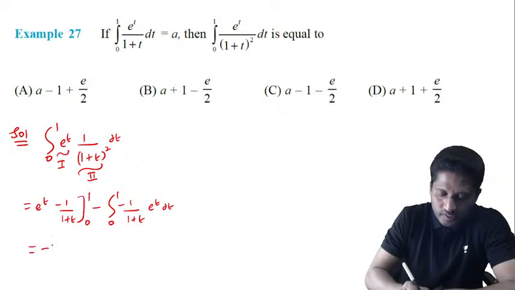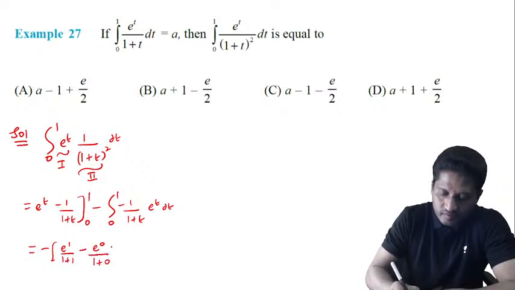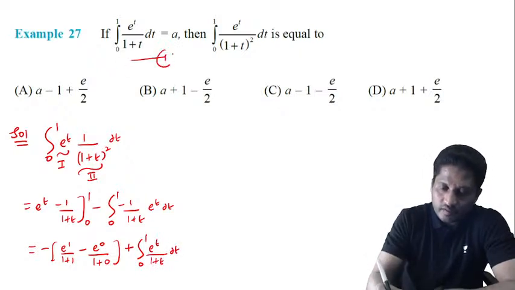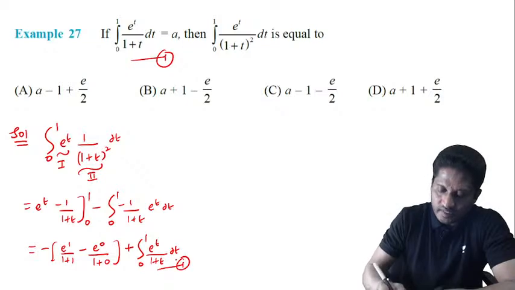If I substitute the upper limit, e per 1 divided by 1 plus 1, minus lower limit e per 0 divided by 1 plus 0. This minus and minus is plus integral 0 to 1 e per t divided by 1 plus t dt. Using equation 1, this is same as a.